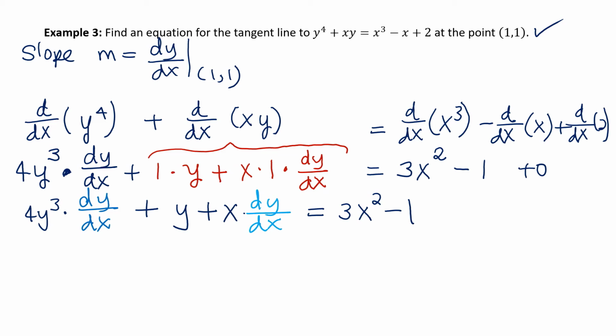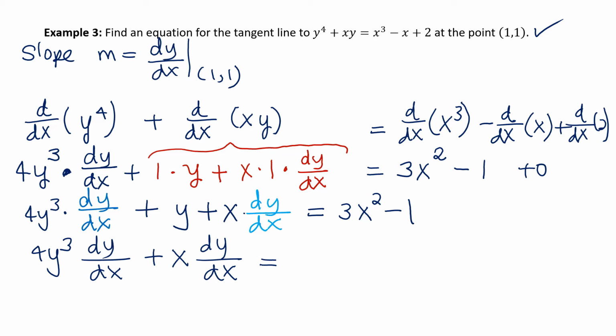So on the left-hand side, let's have the 4y cubed dy/dx next to the x dy/dx is equal to, the right-hand side still has the 3x squared minus 1. Then we need to subtract the y from the left-hand side, so you get minus y.